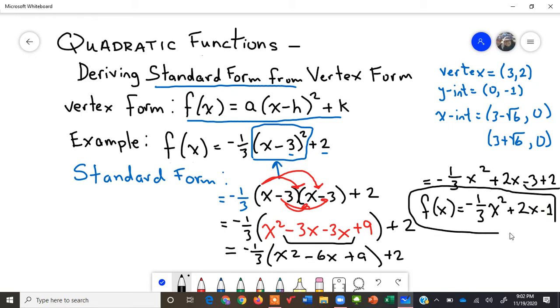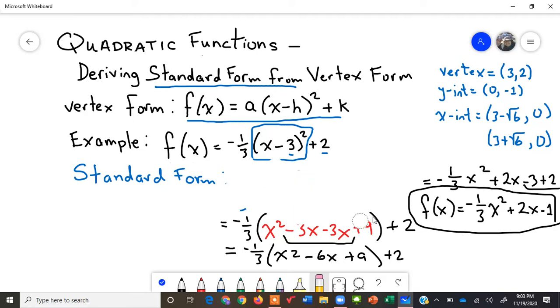And here is the standard form of our function f of x equals negative 1/3 times the quantity x minus 3 squared plus 2. Standard form, you see, is the form ax squared plus bx plus c. So let's write that out. In general, standard form is ax squared plus bx plus c.